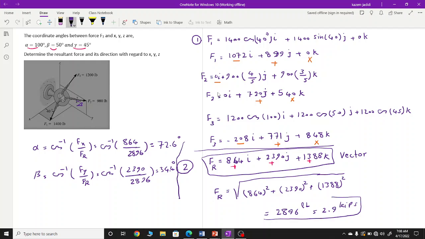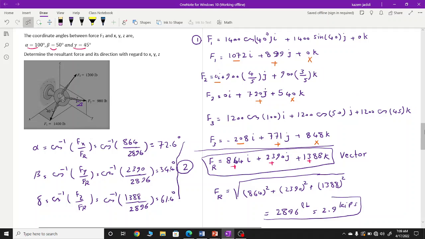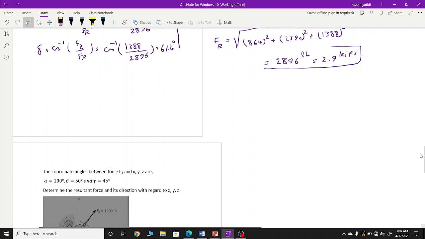And gamma is equal to cosine reverse of Fz divided by FR, cosine reverse of 1388 divided by 2896 equals 61.4 degree. And this is how you can solve and find the direction of this resultant force, which is showing the angles with regard to x, y, and z.